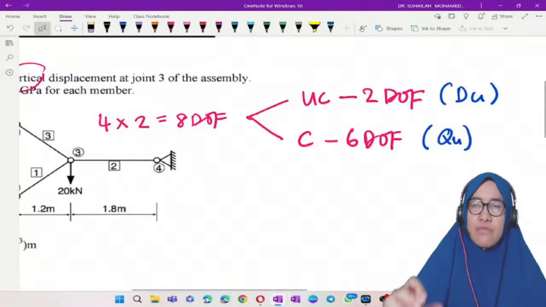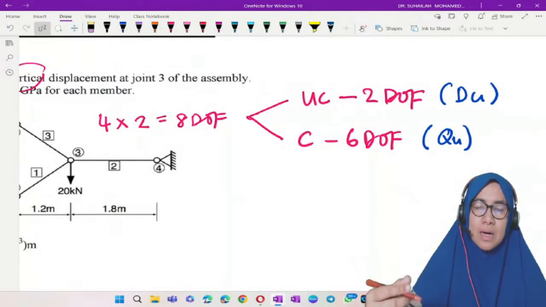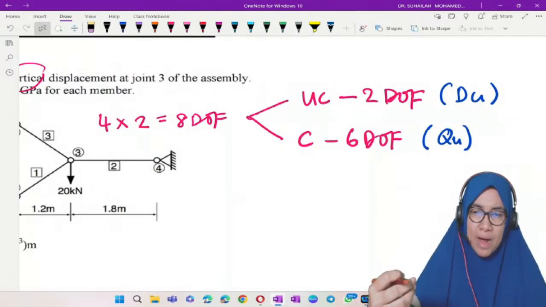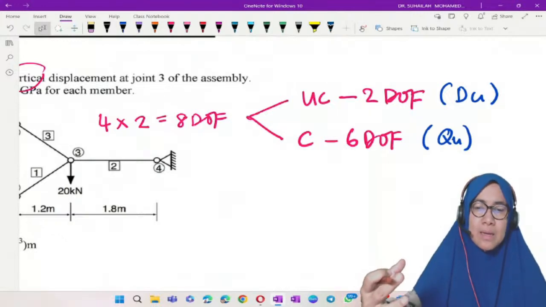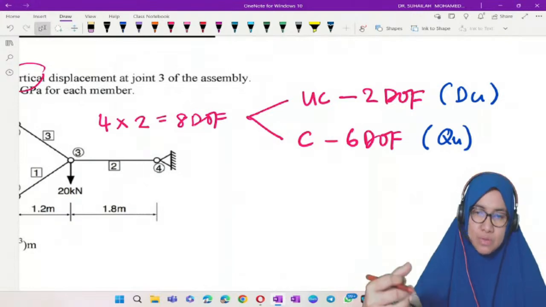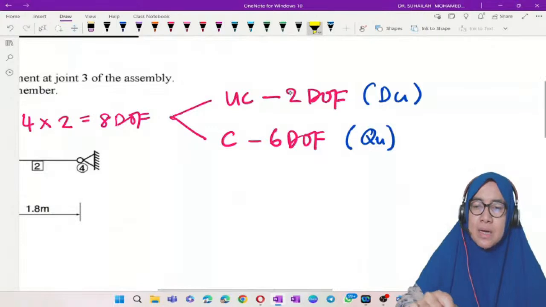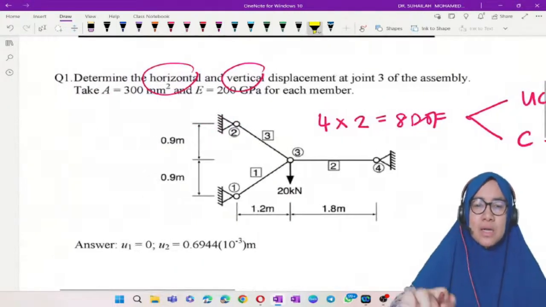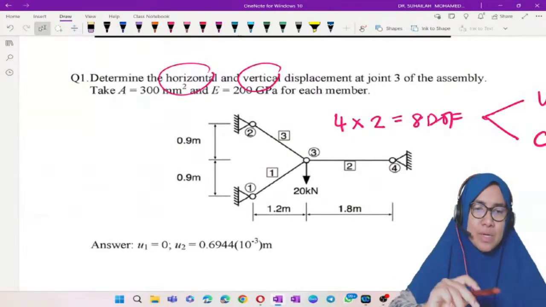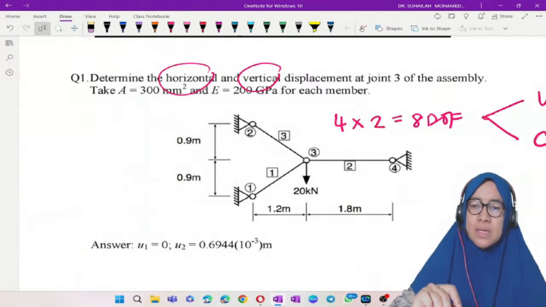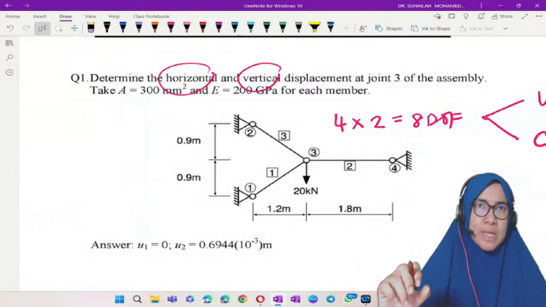So this is the first thing that everyone should do. We have to be able to identify how many degrees of freedom there are in the unconstrained system and in the constrained system. So these 2 degrees of freedom here actually refer to question number one, the horizontal and vertical displacement at joint 3.